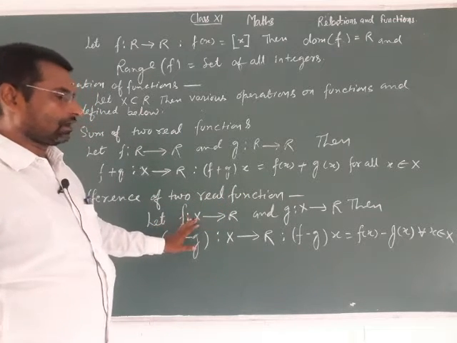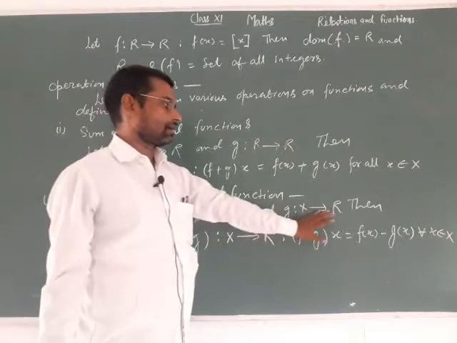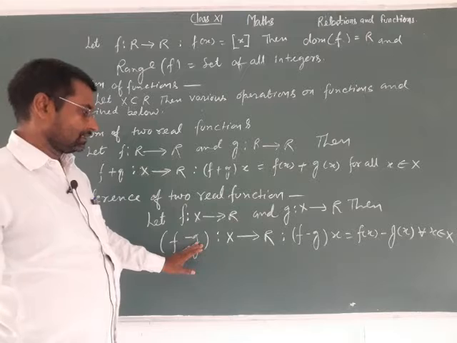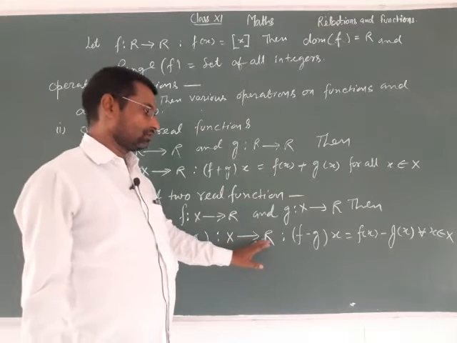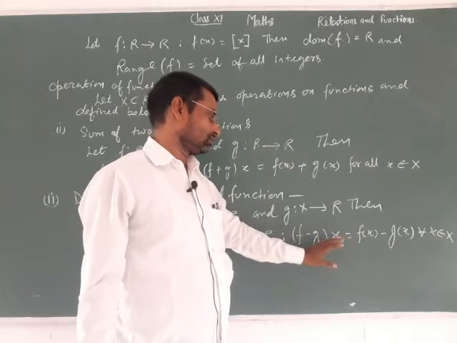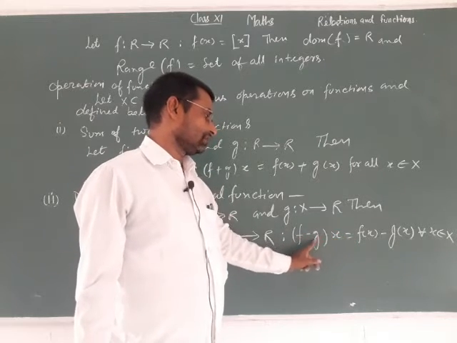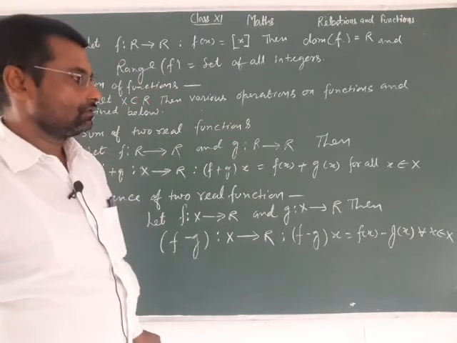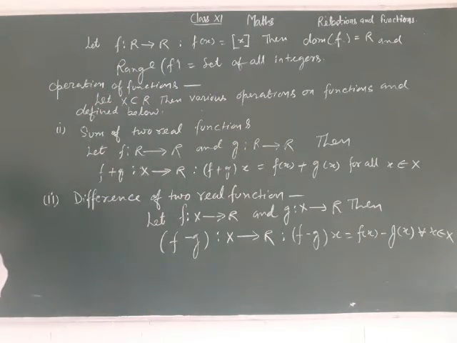Let f and g be from X to R, then (f - g)(x) = f(x) - g(x) for all x belonging to X.